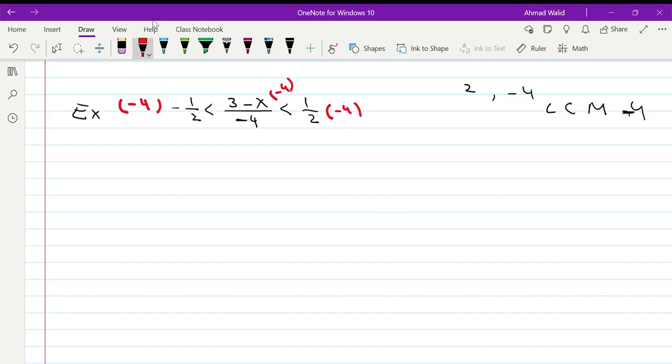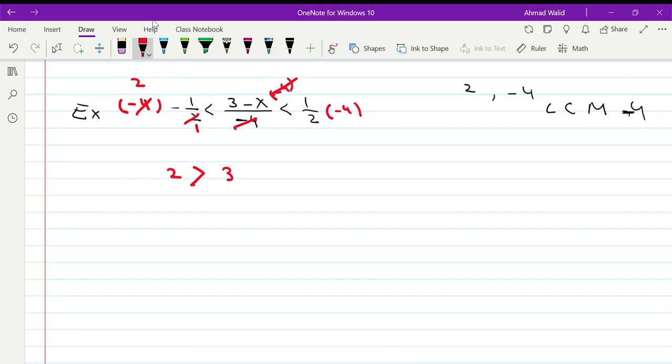Start simplifying. 2 goes 2 times 2, 4. Negative 2 times negative 1 gives you 2. You see, even I do 2 steps together. Because I multiplied my inequality with a negative number, I'll flip the sign. Negative 4 cancels out with negative 4.